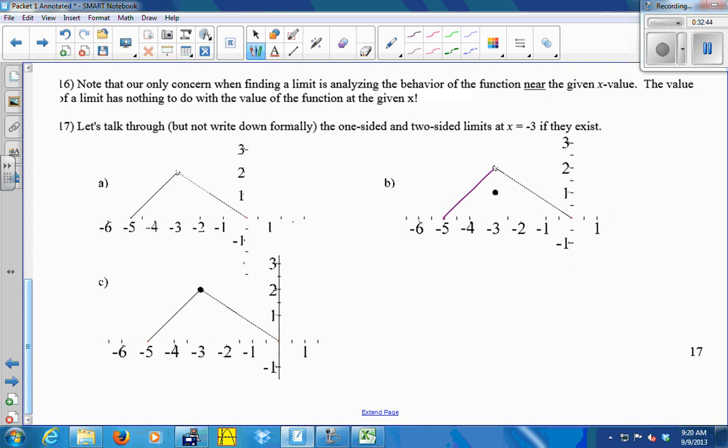And my limit as x approaches -3 from the right? 2. So as I approach from the left and from the right, they're both 2. Now how about B? Slightly different picture. What's my left hand and right hand limit? 2.